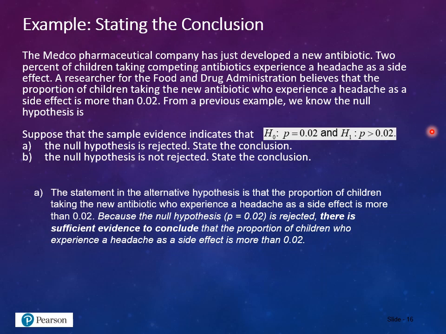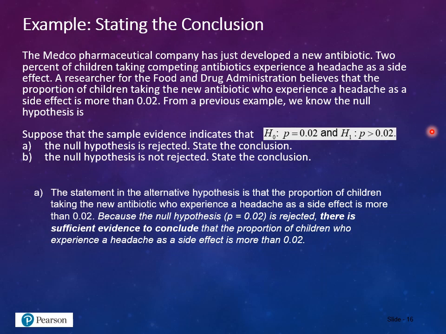Because the null hypothesis is rejected, there is sufficient evidence to conclude that the proportion of children who experience a headache as a side effect is more than 0.02. Okay? Notice how we say that. Because the null hypothesis, the proportion equals 0.02, is rejected, there is sufficient evidence to conclude that the proportion of children who experience a headache as a side effect is more than that 2%.